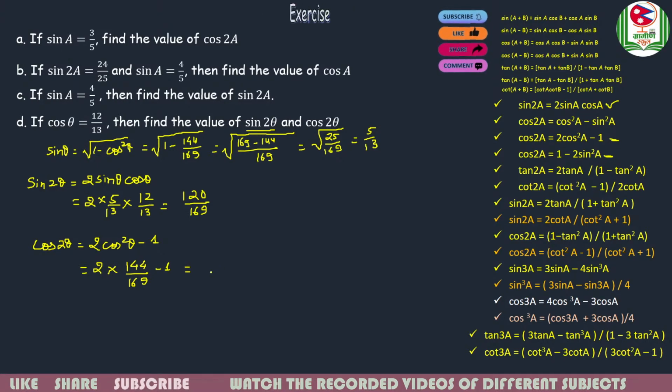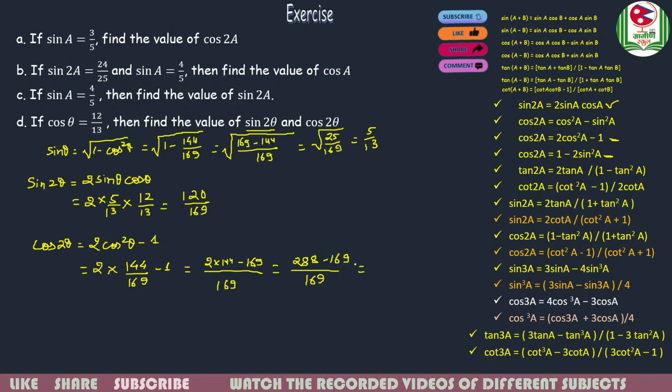So how much is the result? It is 2 into 144 minus 169 over 169, so 288 minus 169 by 169.